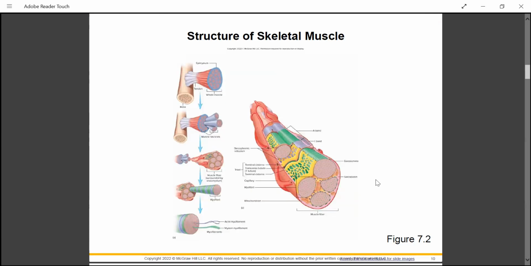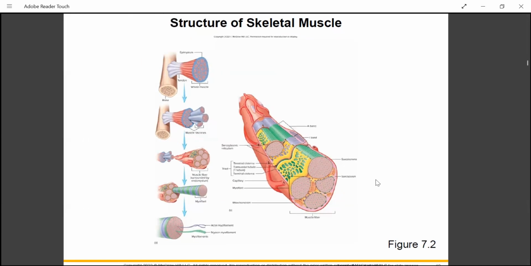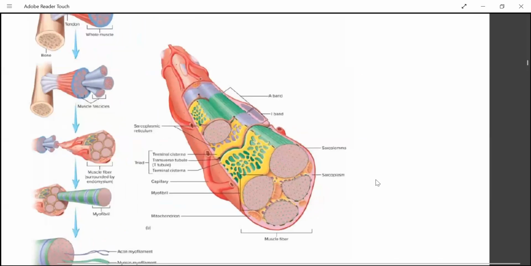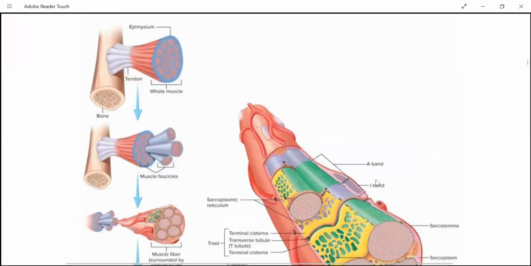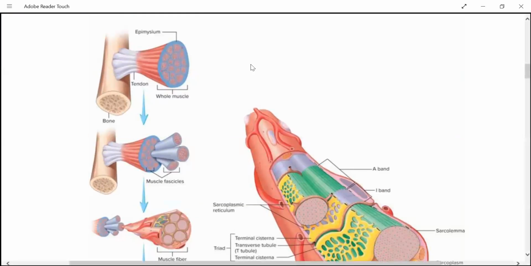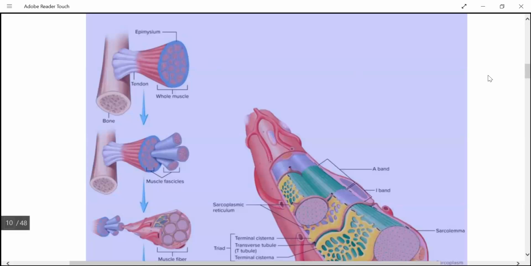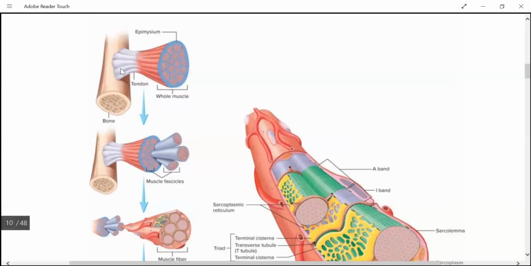So this shows an overview of the structure of our skeletal muscle. I'm going to zoom in here just a little bit. We're going to go from zoomed out to zoomed in first, and then we'll go back the other way. We have our tendon that connects muscle to bone, as a quick reminder. Our entire muscle is surrounded by an epimysium.